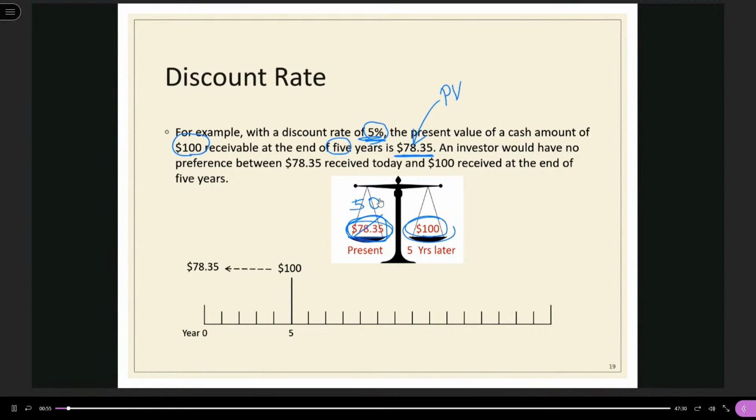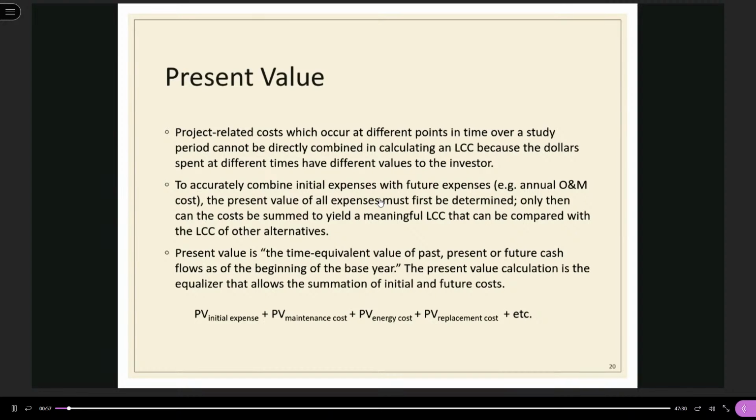Okay. So for calculating the life cycle cost, this cost is the present value. We express all the future costs in terms of the present value so that we can add up all types of costs and compare the total cost for different alternatives.